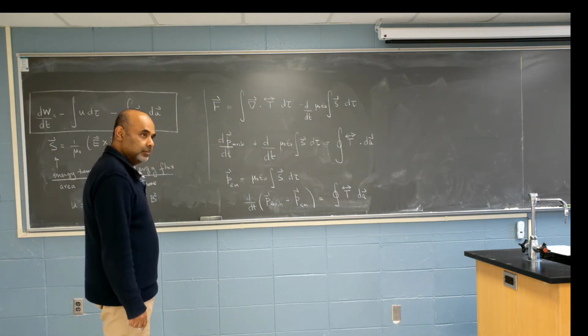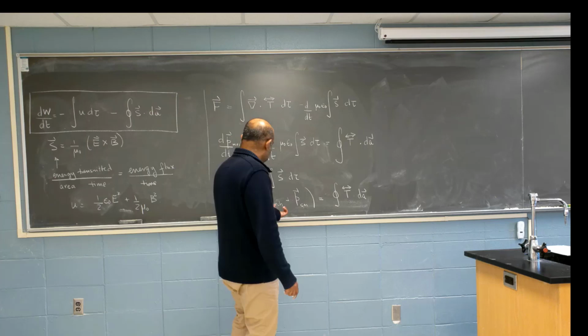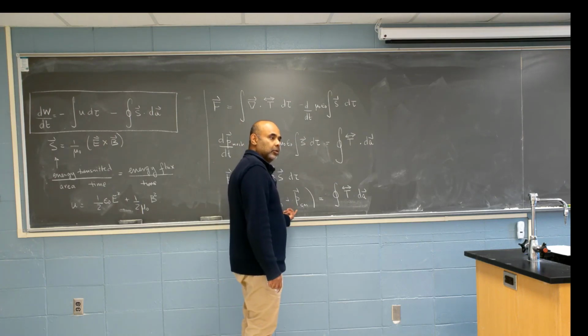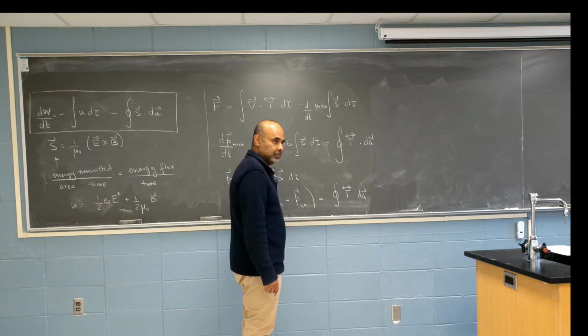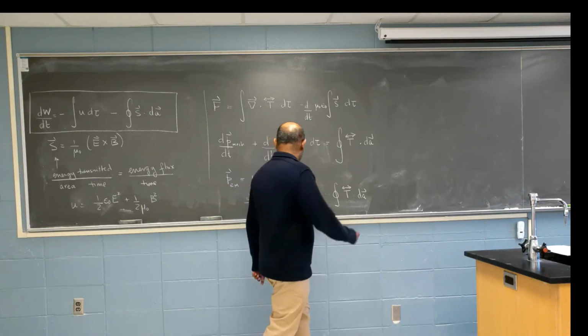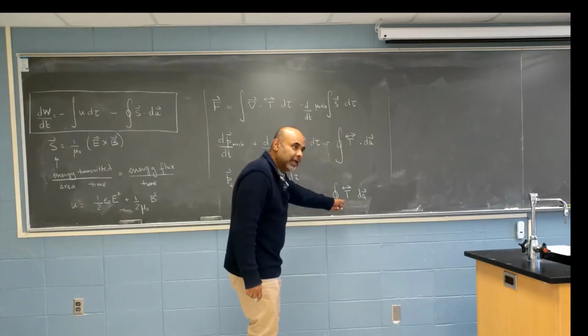Yeah? For the total momentum to decrease, this has to be a negative quantity. Yeah? That means, what is momentum flux? Rate of change of momentum flux is the negative of that quantity.